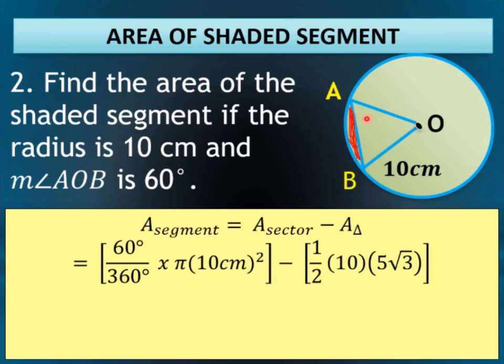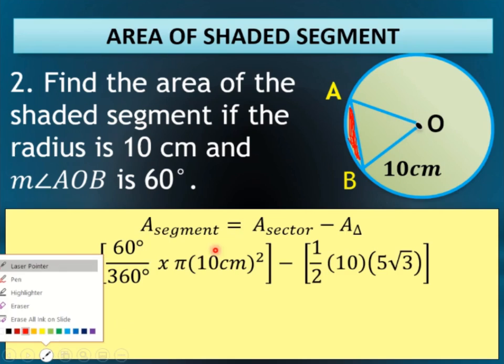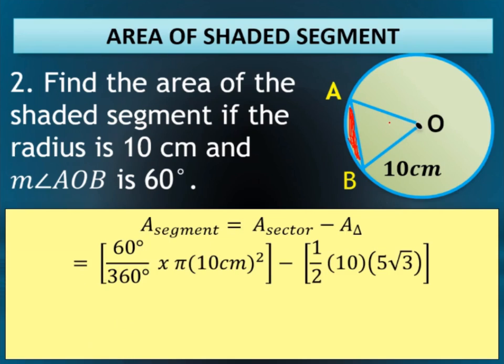So let us say this is 60 degrees. Since this one is 60 degrees, let us say we divide this. So this part will be equal to 30 degrees.